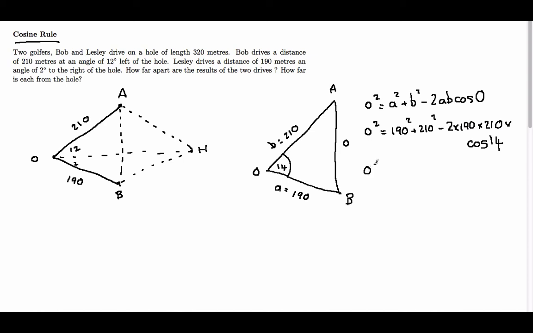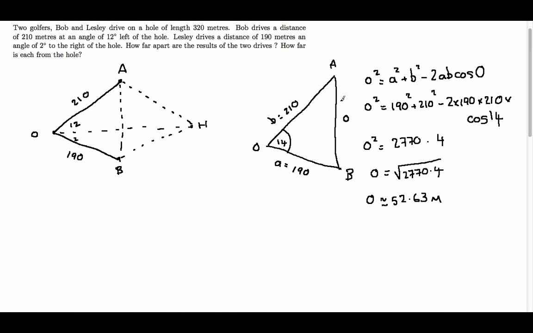So we see that o squared is equal to 2770.4. Now to get the distance o, we just need to square root this number. So o is the square root of 2770.4. So we see that o is approximately 52.63 metres. So the distance between the two drives is 52.63.